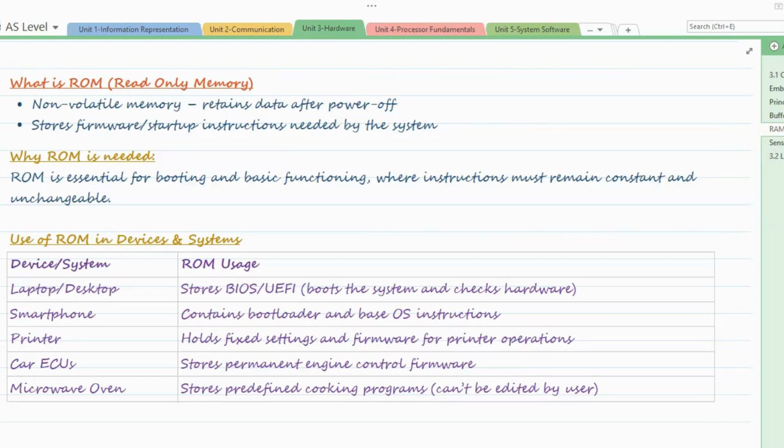These instructions are commonly known as firmware. So basically, ROM is used to store firmware. ROM is used for storing important startup instructions. Examples: BIOS, basic input-output system, which checks hardware and starts the boot process, and permanent software stored inside devices, that is, firmware.